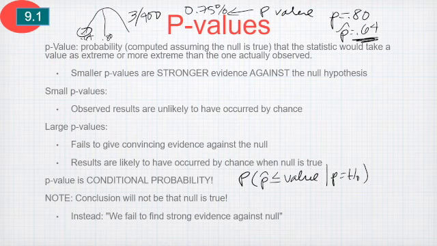That's kind of a weird way to word it, and you really have to understand this concept: even if the data says that the null could be accurate, all we're saying is we don't have evidence against the null. So we can't say the null is true, we just don't have evidence against it.